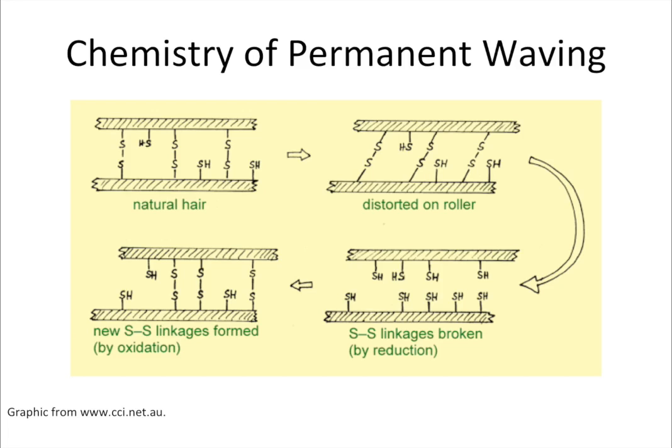In this procedure it doesn't have a high degree of fidelity. What I mean by that is that for each disulfide bond that you damage in the first step, when you oxidize it back to reform disulfide bonds, not all of them are going to be reformed, and often they're reformed with other cysteine groups in the peptide chain.